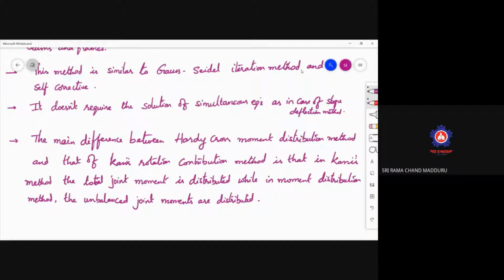So it is not a different method compared to the slope deflection method and moment distribution method. It was developed with the help of slope deflection equations, which is another form of the moment distribution method.